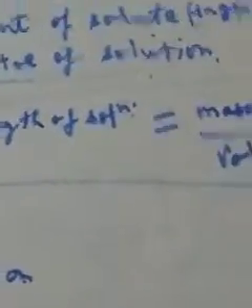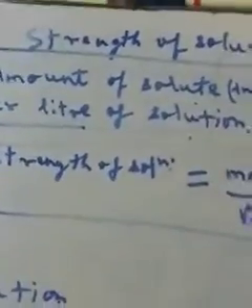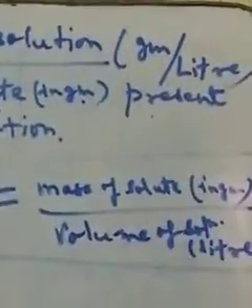So strength of solution is the ratio of the mass of solute in gram divided by the volume of solution in liter. That is another way to express the concentration of a solution, and this term is also called strength of solution.